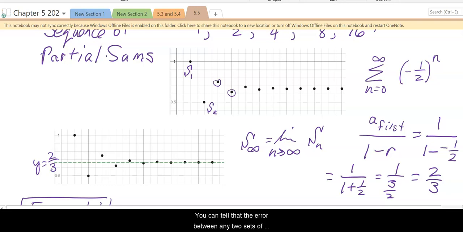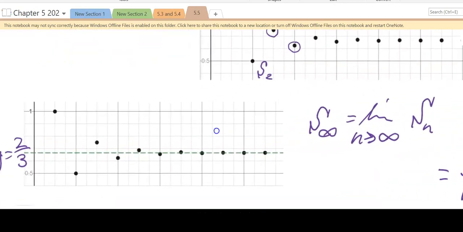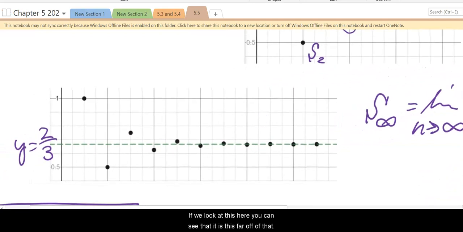You can tell that the error between any two sets of partial sums has to be less than what it was previously. If we look at this here, you can see that it is this far off of that. This is the amount of error if I use the first 3 terms added together.